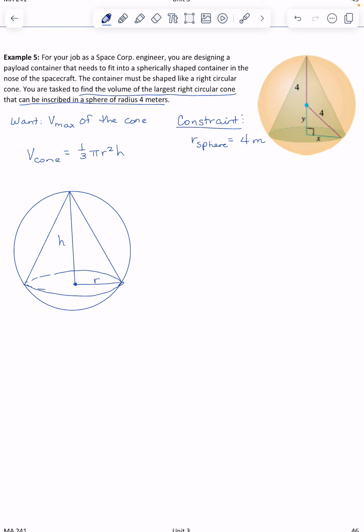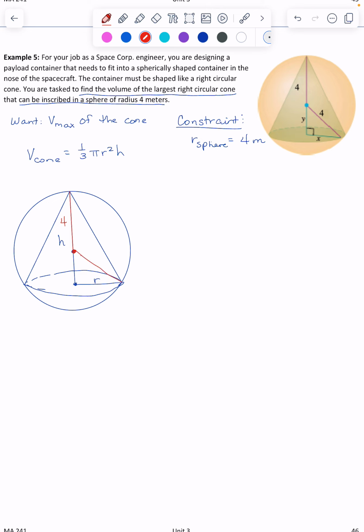And so what we see here is, assuming that this is the center of my sphere, I'll even change colors to mark the center of the sphere. Then I know that this is 4 meters right here, from the center all the way over to the edge. I also know that it's 4 meters to any other point from that center.